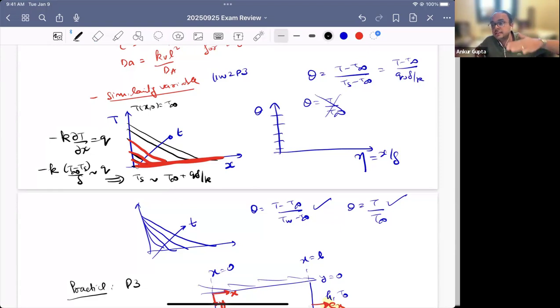So clearly my TS is increasing with time, right? So now when I want to collapse the y-axis, I again cannot simply say T by T infinity, because if I say T by T infinity, I'm not compressing it. Now I have to compress the y-axis as well as the x-axis, because this is becoming higher and higher with time. This is also stretching out higher and higher in time with the x-axis. So I have to compress both of them. Otherwise, I'll not get a master curve.